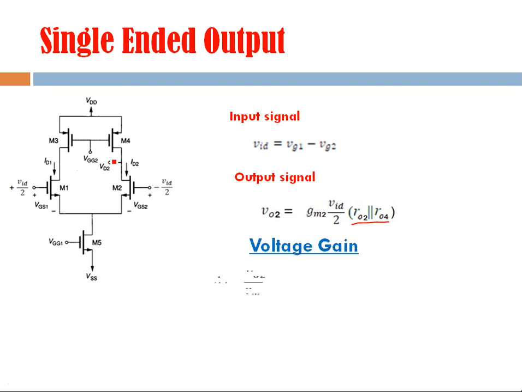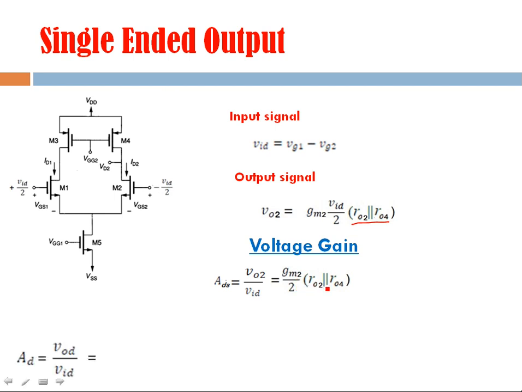And if you want to find out voltage gain, it's the single-ended output voltage gain, so single-ended output divided by differential input. So this is single-ended output divided by differential input, so VID will cancel, and it's GM by 2 and this.